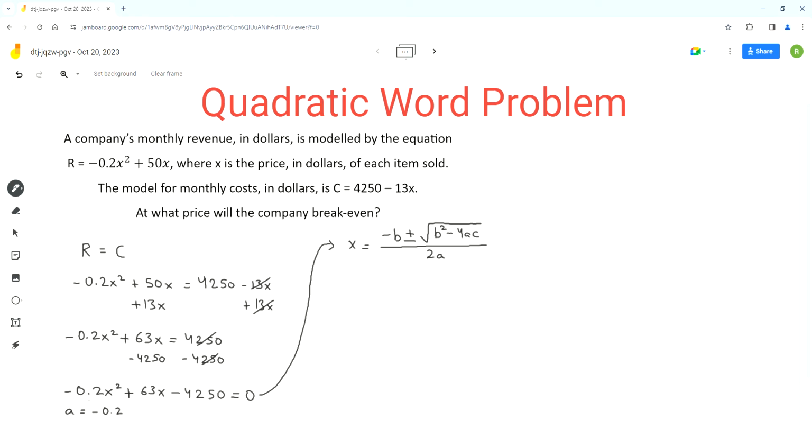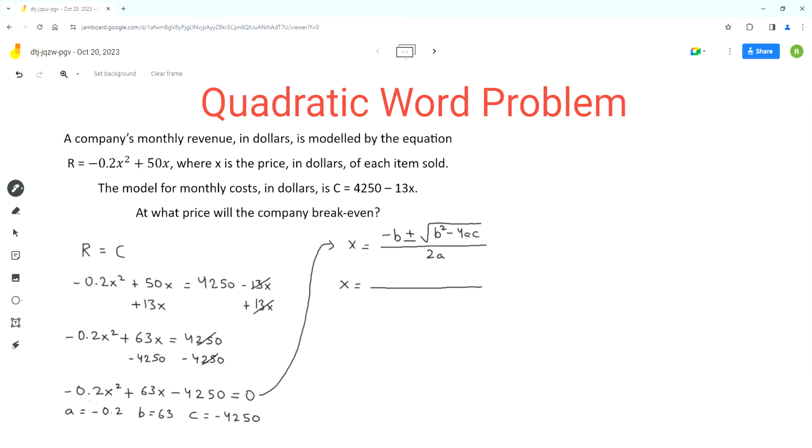So a is the coefficient of the x squared term. b is equal to 63, the coefficient of the x term. And c is the number term, which is negative 4250. So these are the a, b, and c values. We have to sub them into the quadratic formula.